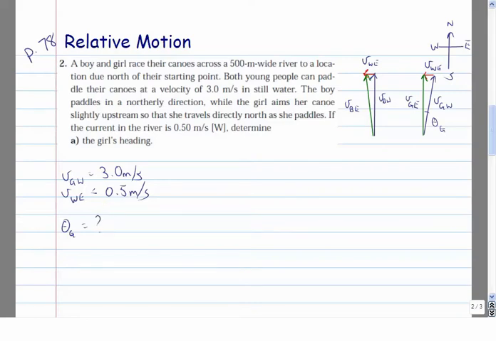Well, we know that sine of that theta is just the opposite over hypotenuse, which we have, which is v_WE over v_GW. So theta is just the inverse sine of that. So I'm just going to plug in the values.